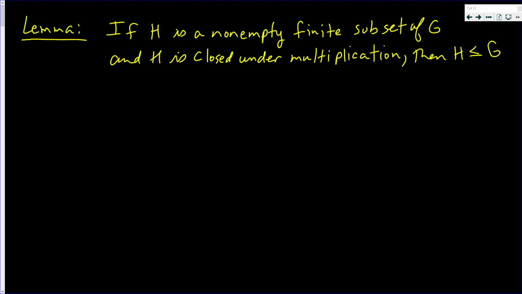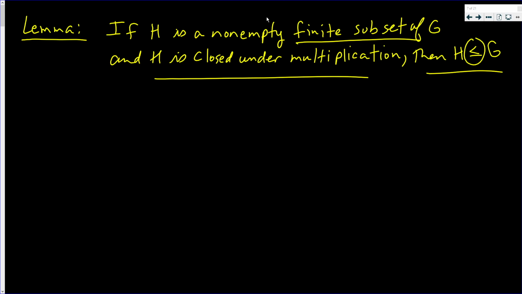In this video, I'm going to prove an even stronger lemma compared to the one in my last video. It says that if H is a non-empty finite subset of G and it's closed under multiplication, then H is a subgroup of G. Once again, that symbol means, at least in group theory, is a subgroup of.